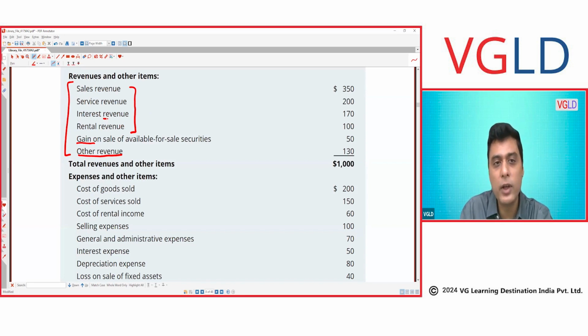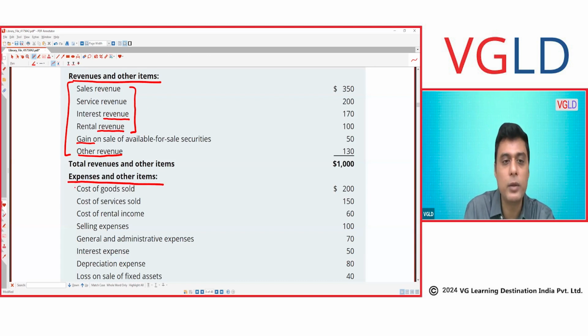But the word revenue has been used, that means it is operating. Normally we don't use the word revenue for non-operating things, right? Normally. So there is no strict bifurcation between operating, non-operating. All the revenues and gains, revenues and other items have been put at one place. Similarly, all the expenses and other items have been put at one place.